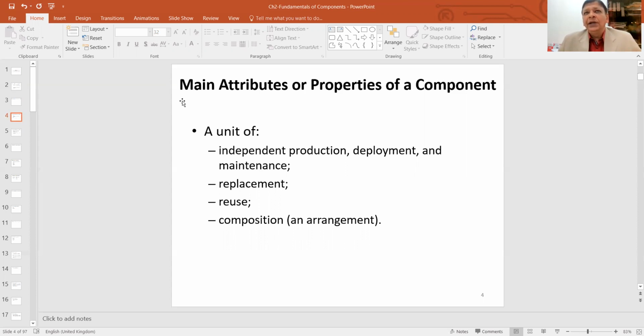Update and upgrade should be easy, it should be easy to reuse, and it should be a collection of subcomponents. That's the first consideration regarding the main attribute of a component.